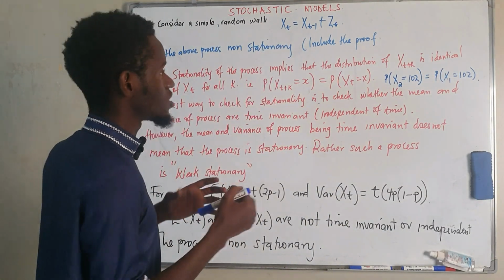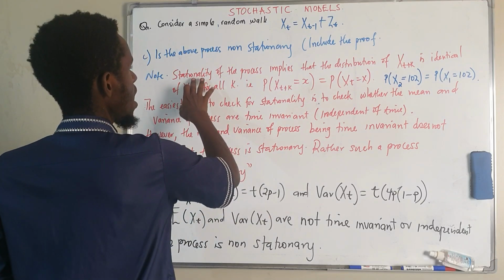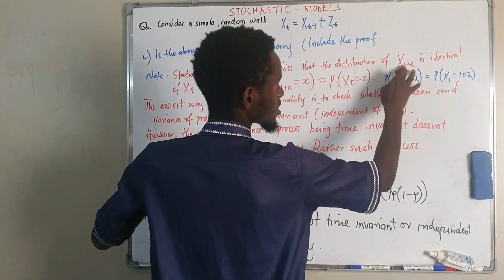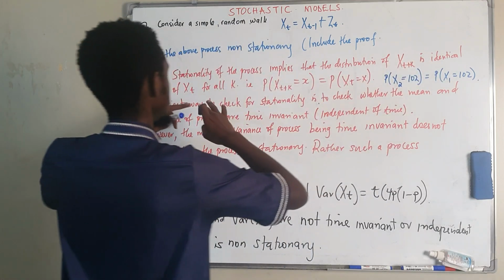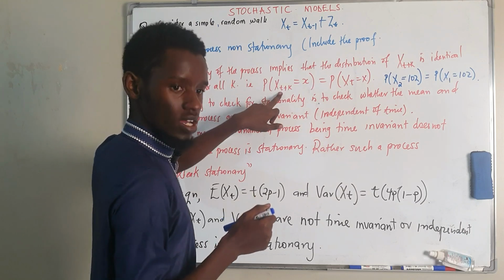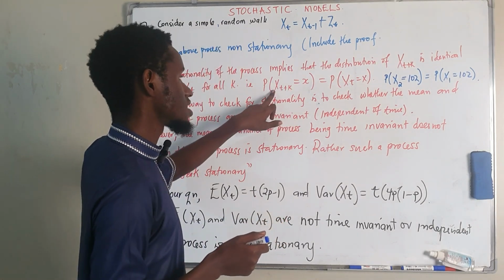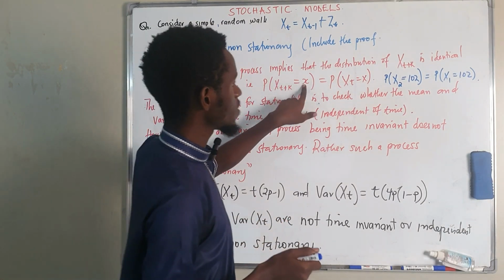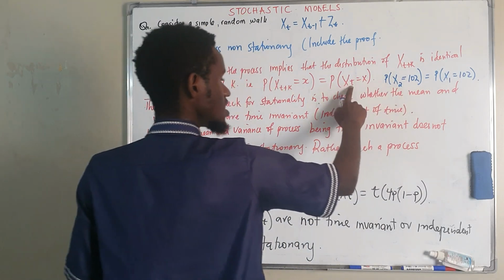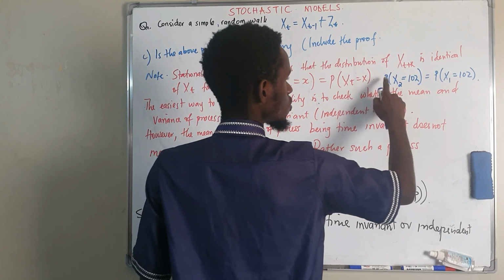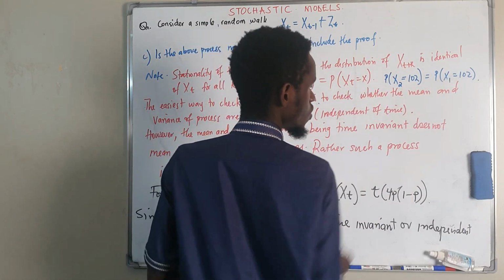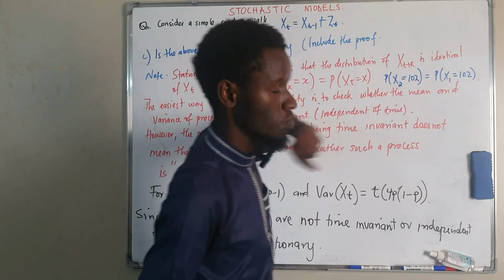In layman's language, for a process to be stationary, the distribution of X_{t+k} has to be the same as the distribution of X_t. When t is 1 and k is 1, my X_{t+k} is X2, with value 102, and this has to be the same as X1 equal to 102. Now these two have to be equal for it to be identical.